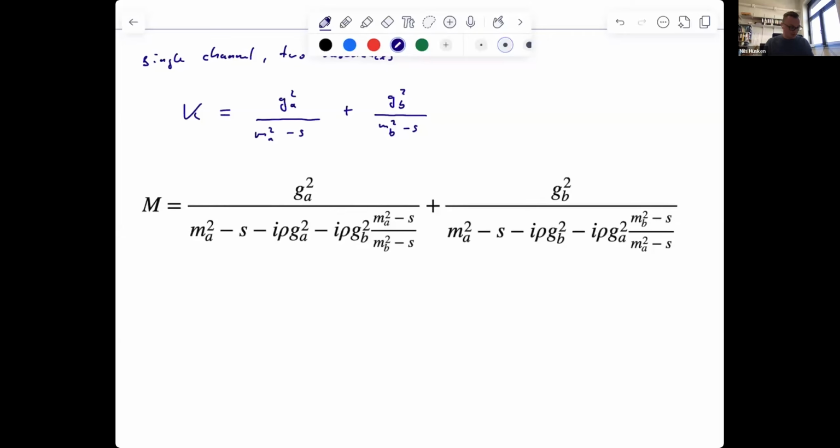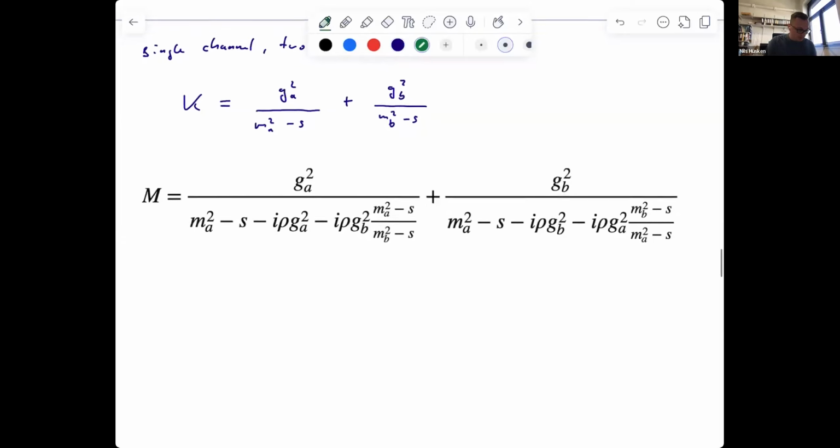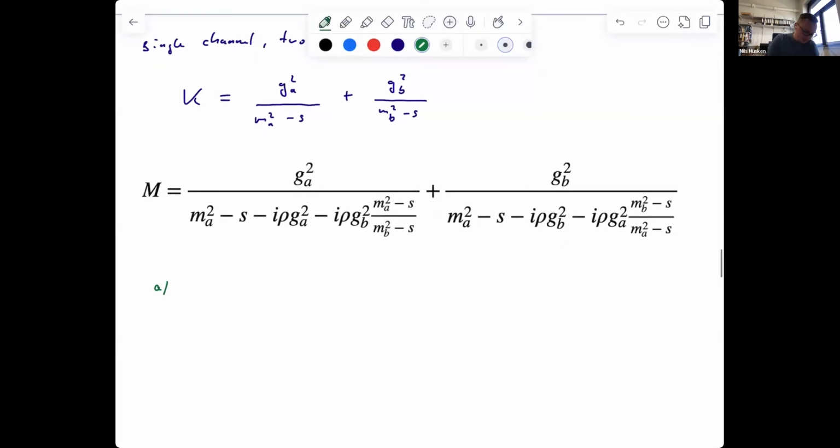But what I want to show you are the extreme cases of this problem now. The one extreme case that we can make is we set the pole mass to being the same for both poles. And so then what happens is that this thing here is 1. This is also 1.